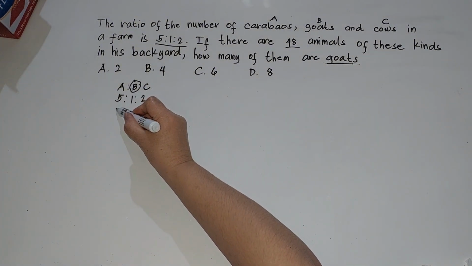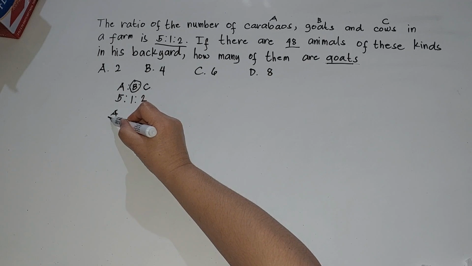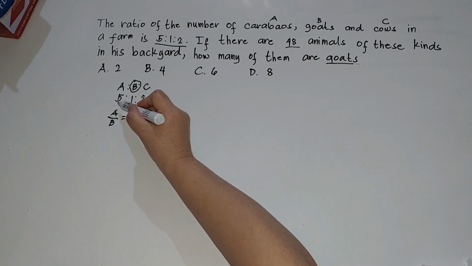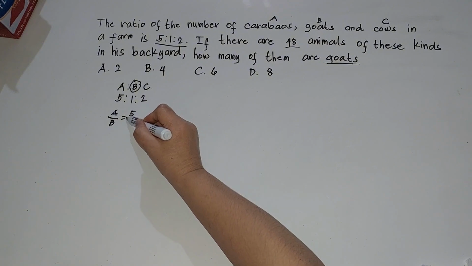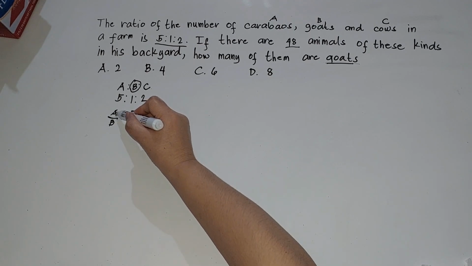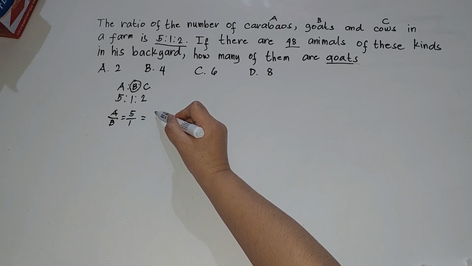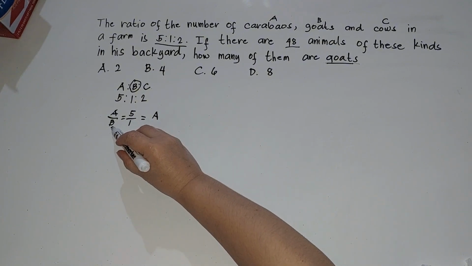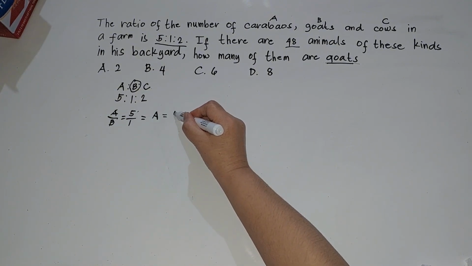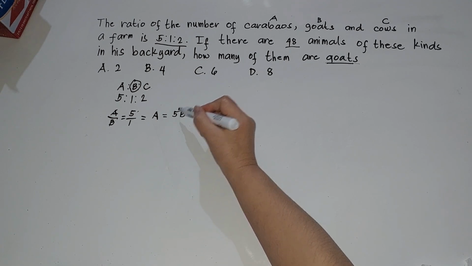So A is to B is equal to, A is 5, B is 1. If we cross multiply this, A times 1 is 1A, or just simply A, and 5 times B is equal to 5B.